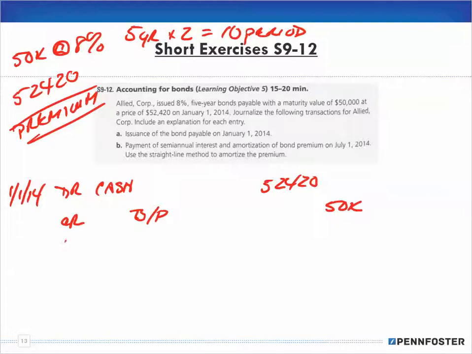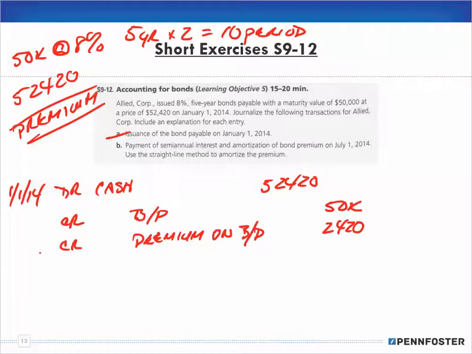And the difference between the two is a credit to the premium on bonds payable, which is $2,420. Okay, so that's the issuance. Relatively simple, same as doing the discount, except it's on the flip side. Make sure you're paying attention to what's debited and what's credited.